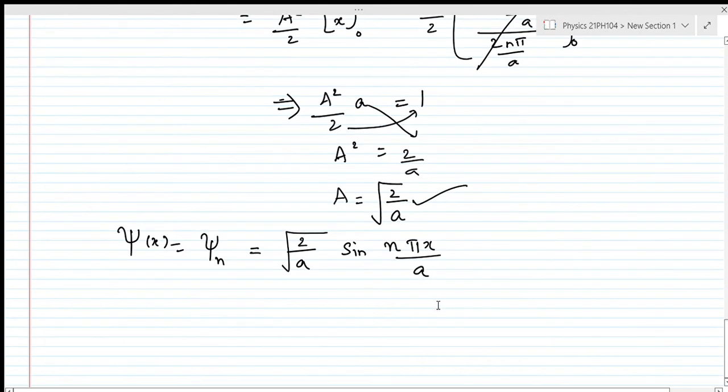So this is the wave function value of the particle which is freely moving inside the one-dimensional box.